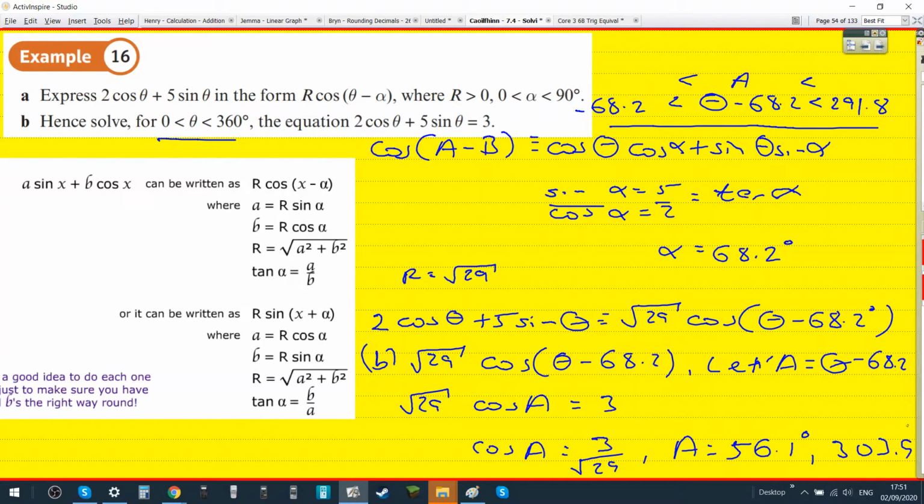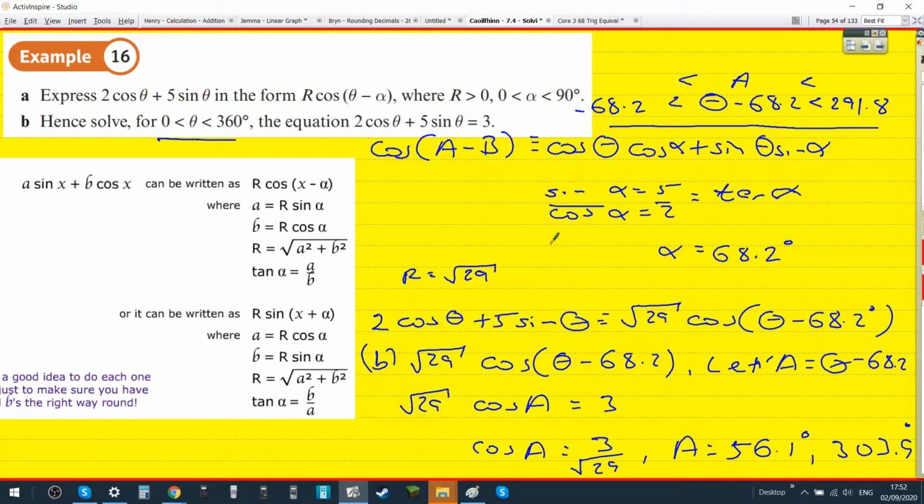But that's for A, and A is equal to theta minus 68.2. Hold on, it's outside the range. So how can we use it to get an answer that is in the range? Do 360 minus that, the other way around. So 303.9, go left 360.